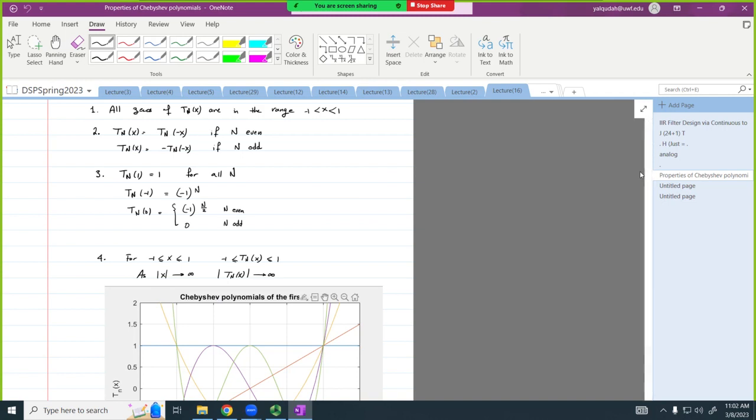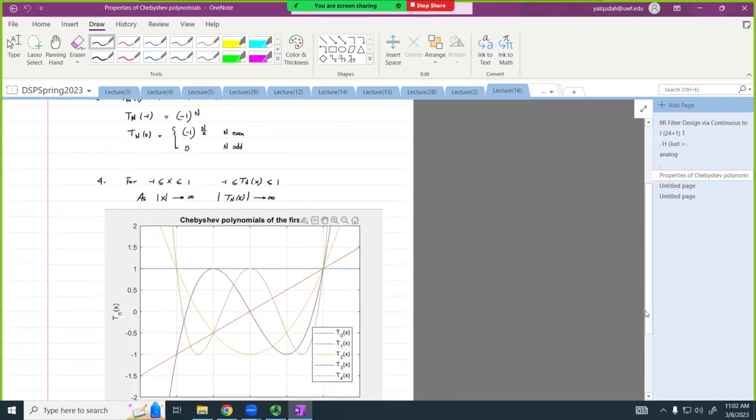When x is between 1 and negative 1, the function is between 1 and negative 1. And when the magnitude of x is greater than 1, the function keeps increasing all the way to infinity as x increases.